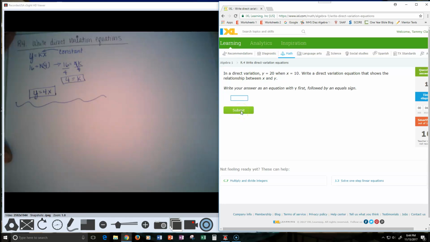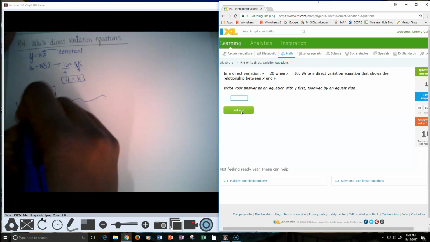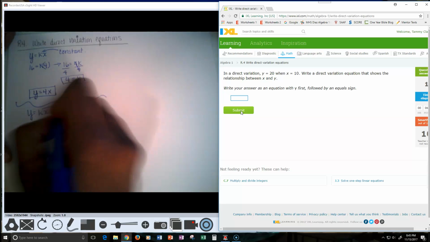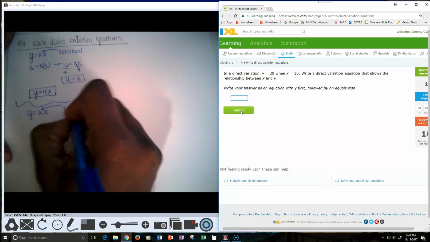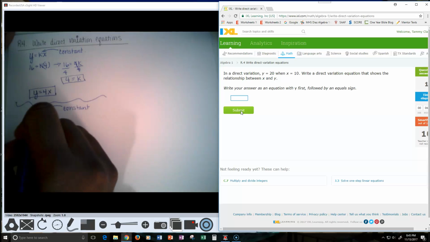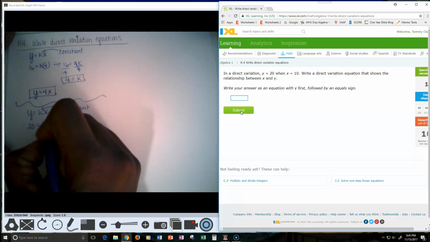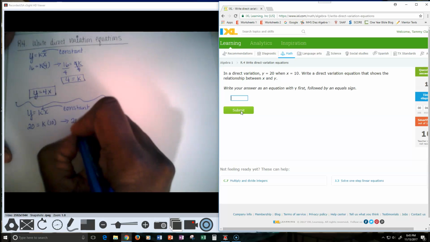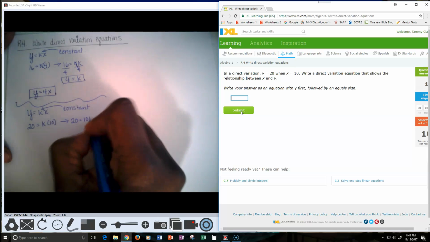We have a direct variation, y is equal to 20 when x is equal to 10. Write a direct variation equation that shows the relationship between x and y. So we're going to do the same thing we did before. We have y is equal to kx, where k is the constant that we need, and we know that y is 20. We don't know what k is yet, but we know that x is 10. Rewrite it if you need to. So that's 20 is equal to 10k.